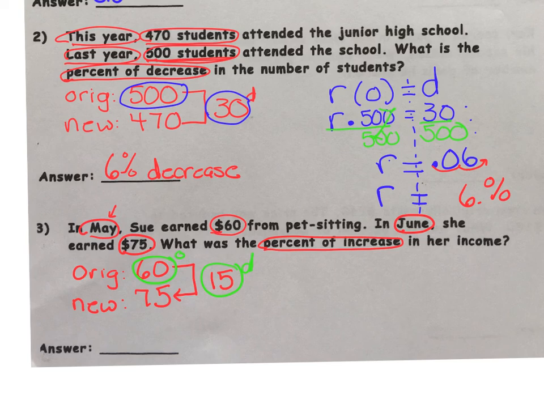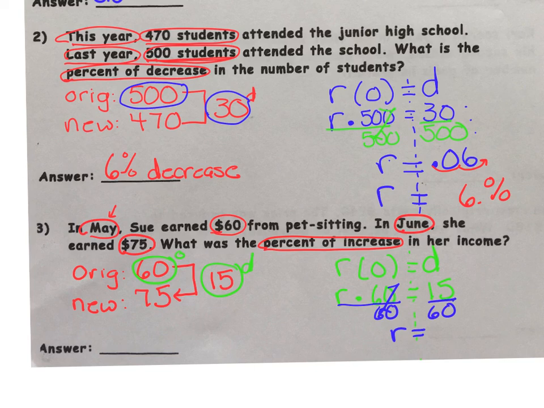Here we go. R times O equals D. We're looking for a rate, so we leave the variable in there, times 60 equals 15. Let's drop a dotted line and solve. We're going to divide each side by 60. We get R equals, take a moment and punch that into your calculator.